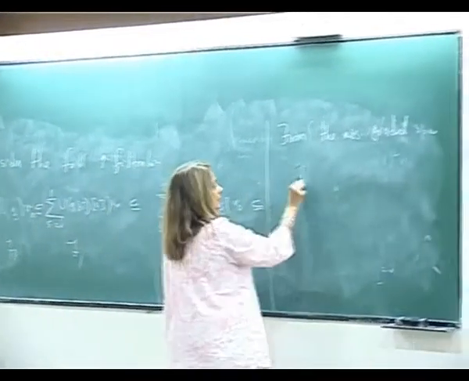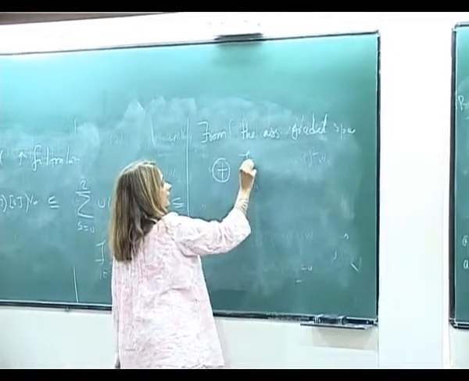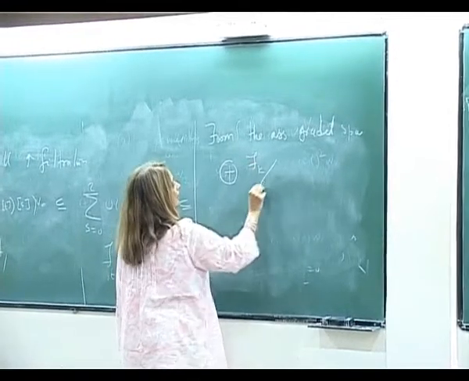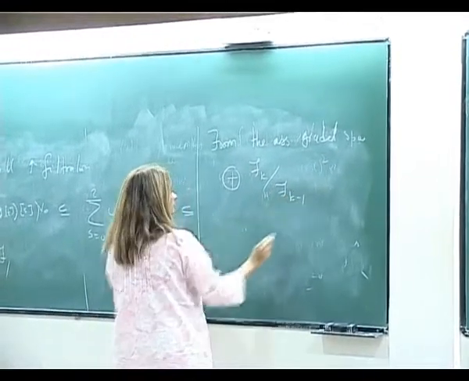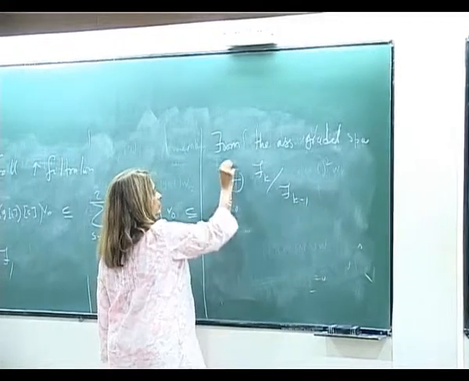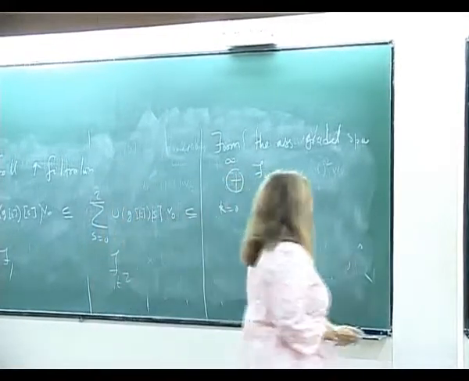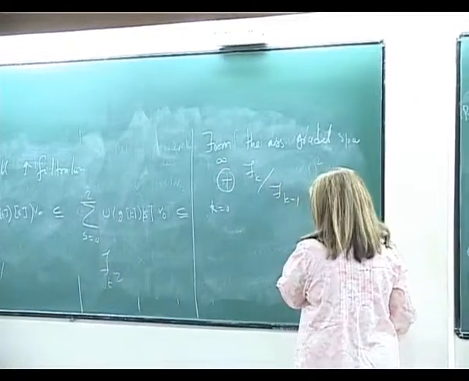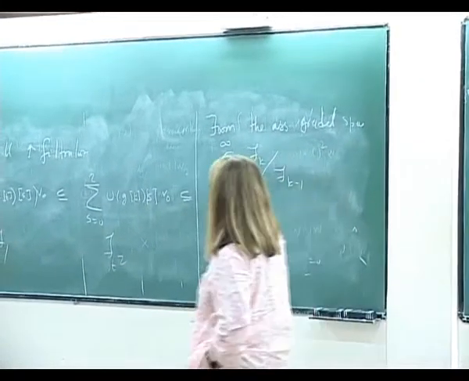So that is the sum of F_k by F_{k-1}, k equal to 0 to infinity.